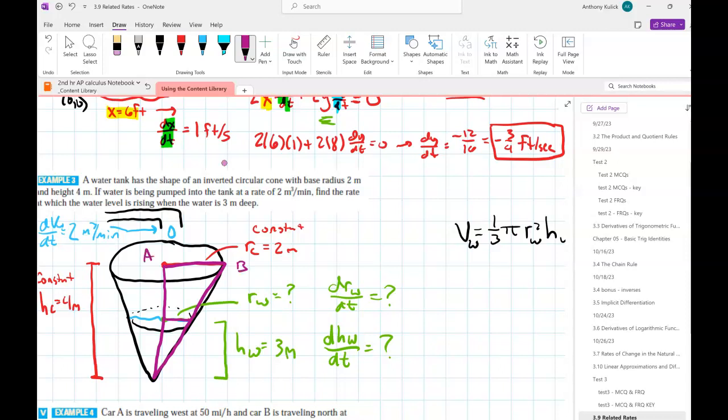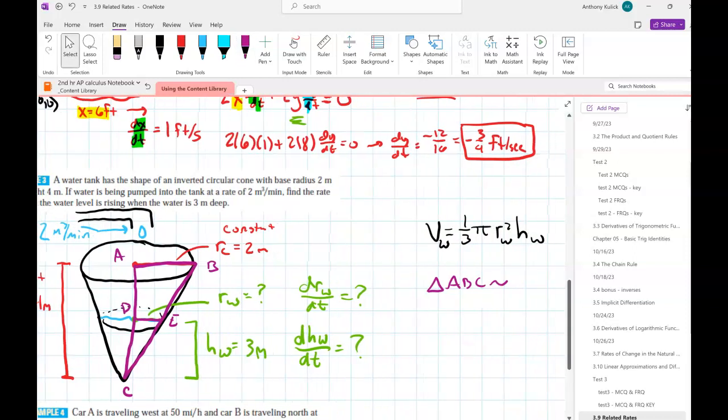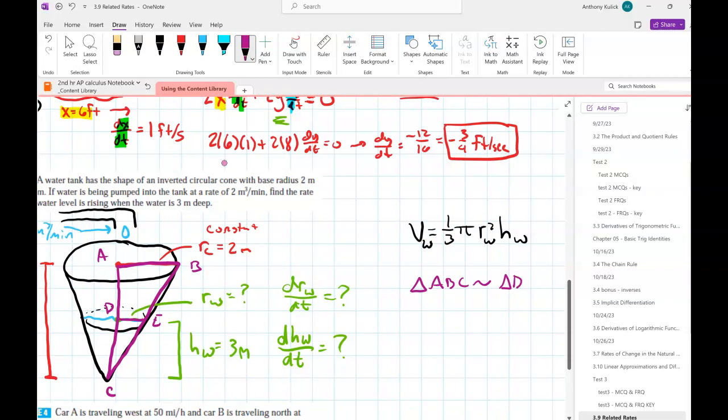So let's label some pieces. Think back to geometry. What is that I just wrote?